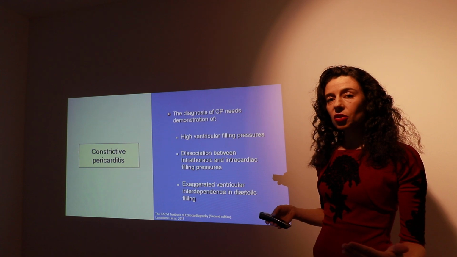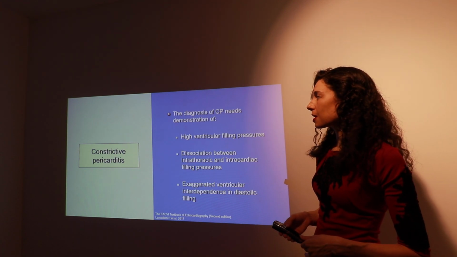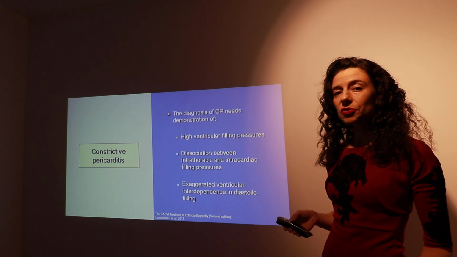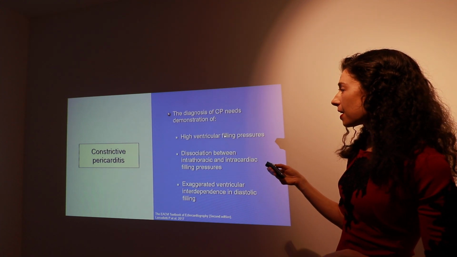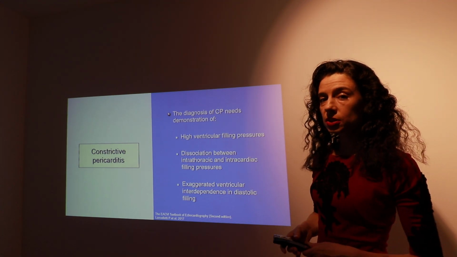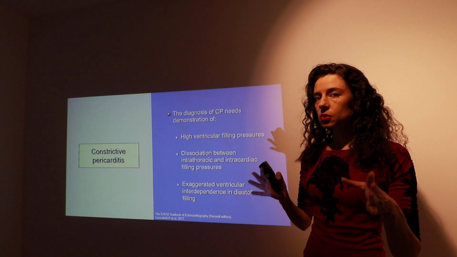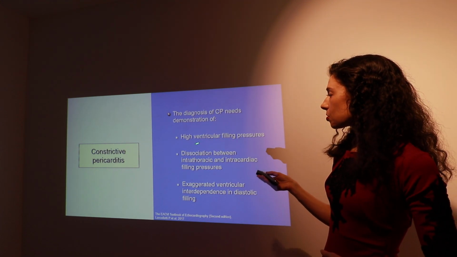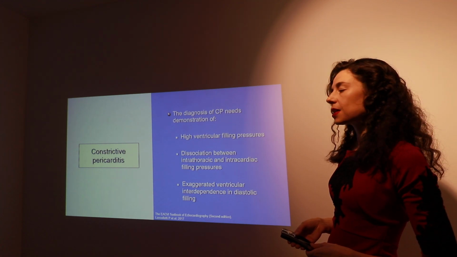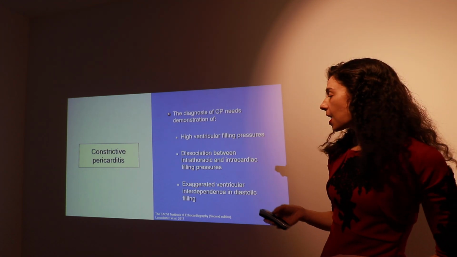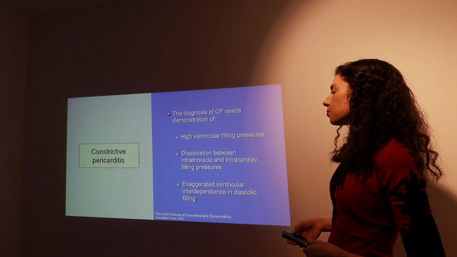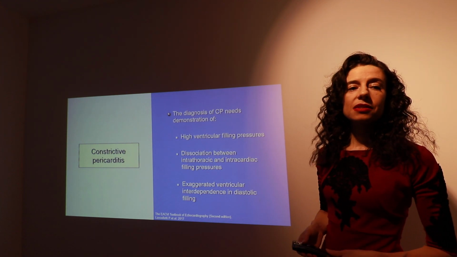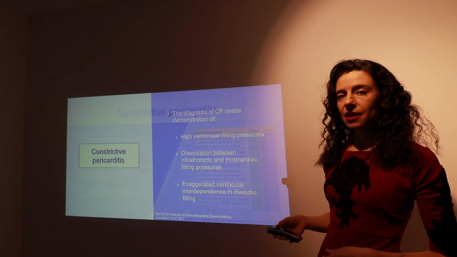So, to diagnose constrictive pericarditis, we have to demonstrate the high ventricular filling pressures, which is also common for restriction. But also we should demonstrate the dissociation between intrathoracic and intracardiac filling pressures and exaggerated ventricular interdependence in the diastolic filling.